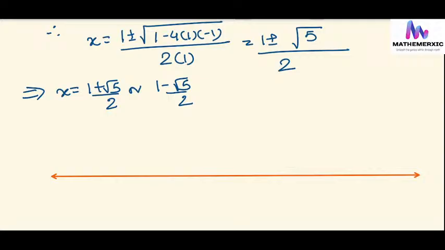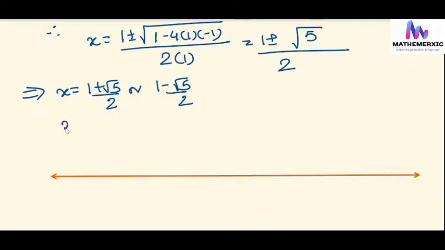So what is the value of root 5? That is 2.23. Okay. Overall, what is the value here? We have to analyze that also.